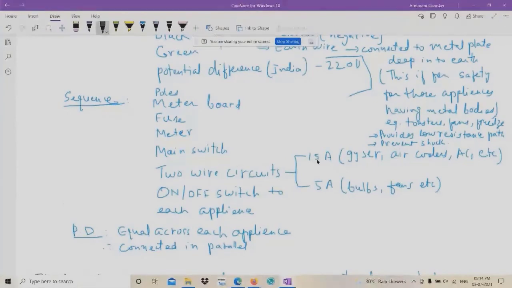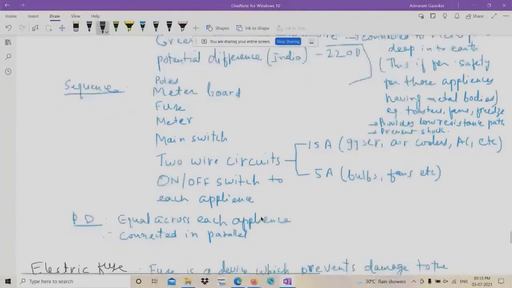One circuit type is 15 ampere, that is for higher power appliances like geysers, air coolers, ACs, etc. The other is of 5 ampere rating, for example bulbs, fans, etc. For each circuit there is an on-off switch for each appliance.